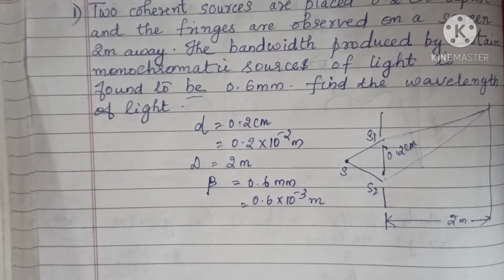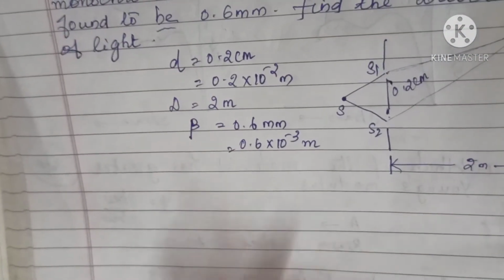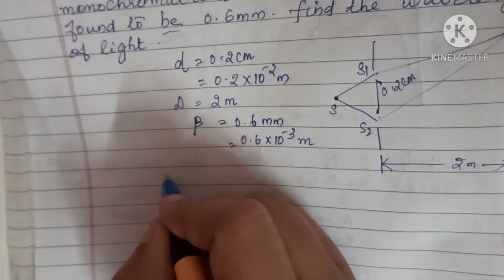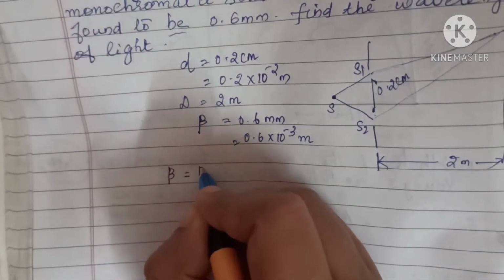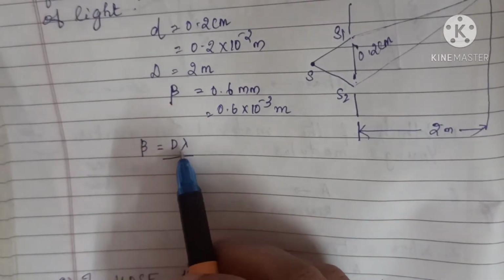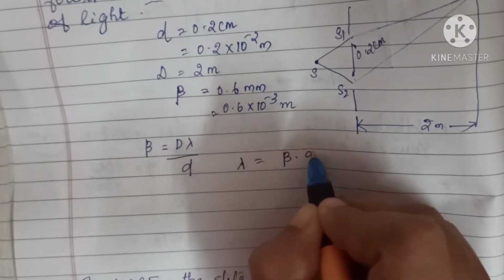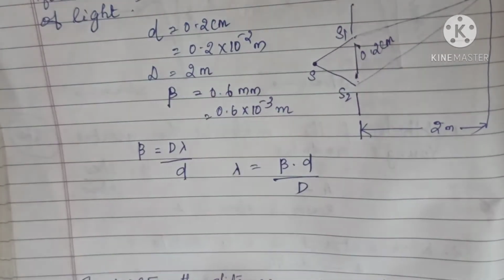Clear? So now you have the expression, what is the expression? Beta is equal to D lambda by d, isn't it? So now you want to find lambda, that is lambda equal to beta into d by D. Clear?